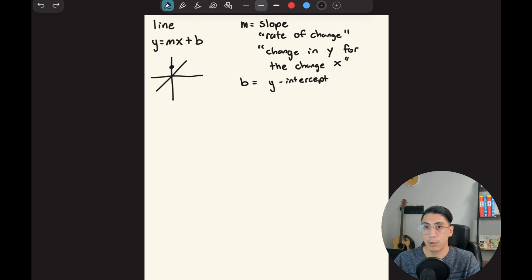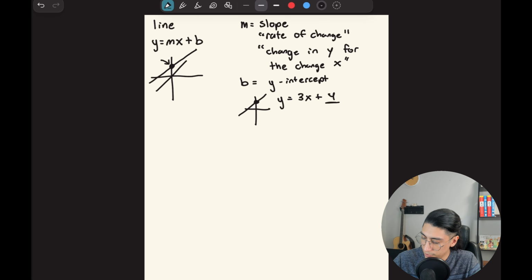And there are some cases where you'll get a line like that, but very few. Let's talk about this though. So this point here where the line crosses the y-axis, well, that's going to be our y-intercept. So for example, if I have a line here, and let's just say my line is y equals 3x plus 4, this tells me where it crosses the y-axis. Awesome. So that's our y-intercept.